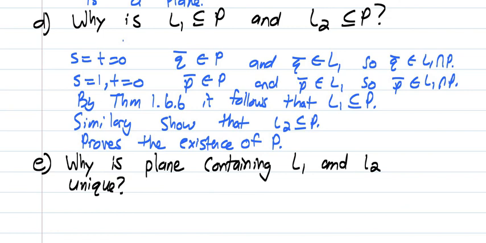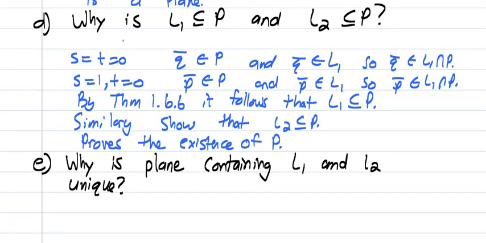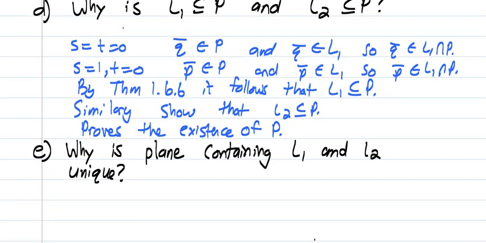So the question is, why is the plane containing line 1 and line 2 unique? The lines do not intersect, and we want to establish uniqueness. So this is something that is not immediately obvious, so you need to think carefully about this.